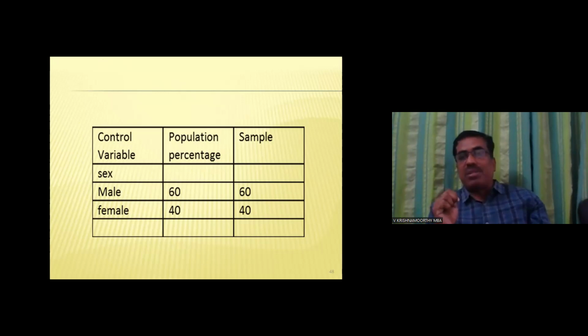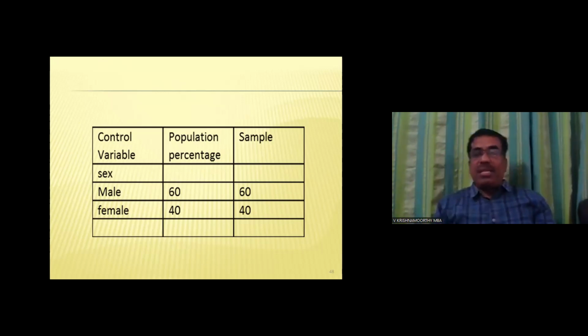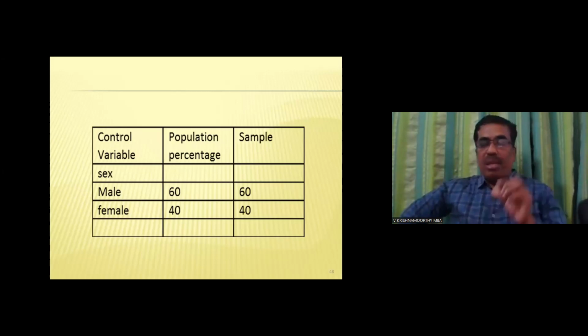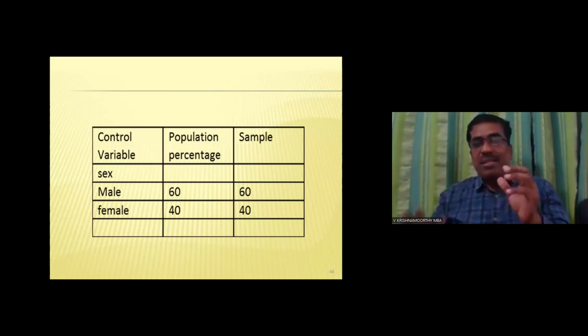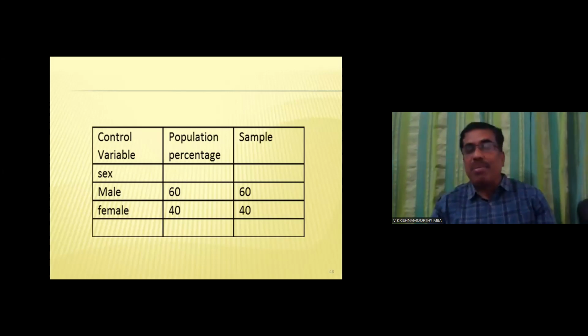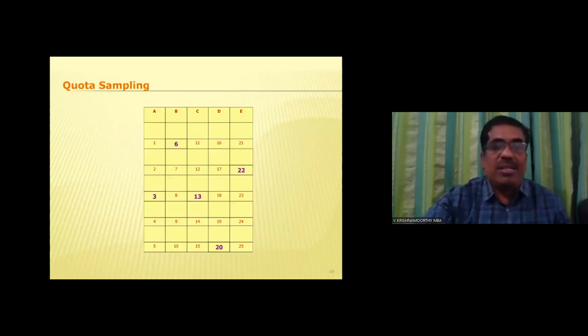You have identified a sample size based on the sampling formula, say 1,000. Out of 1,000, you are supposed to collect 600 samples only from males. The remaining 400 samples you are supposed to collect only from females. This is the essence of quota sampling.